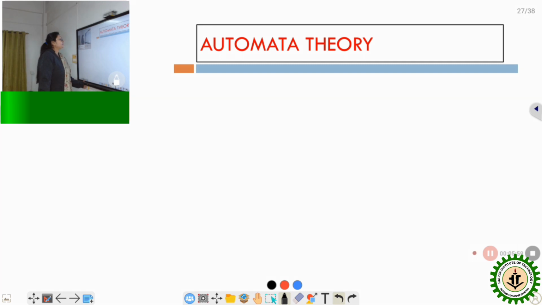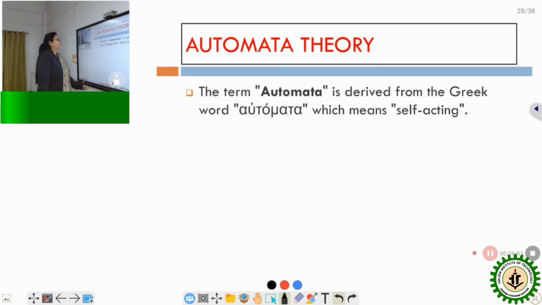Next topic is automata theory. First of all, the term automata is derived from a Greek word, automata, which means self-acting.